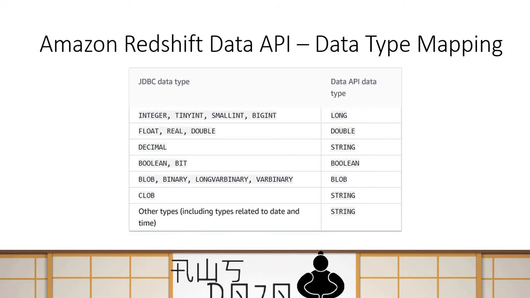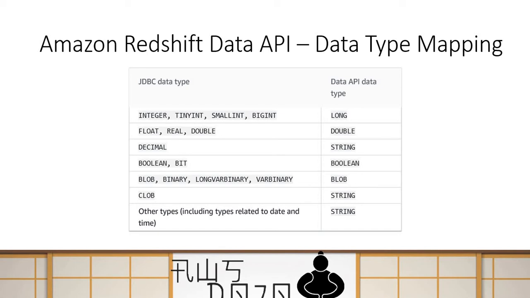Now, when you are working with the Data API, you have to do some kind of mapping, because you're writing your code in languages like Python and Node.js, and your other end is the Redshift API. So your JDBC data types have to be mapped to your API data types, your programming language data types.